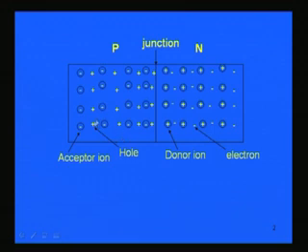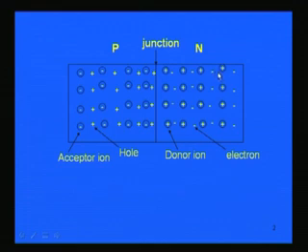So, if we consider this p-type and n-type semiconductor making a junction in between them, then we can notice that the p-type semiconductor has the acceptor ions as well as the carriers, which are holes, positively charged carriers, and n-type semiconductor has donor ions and electrons.